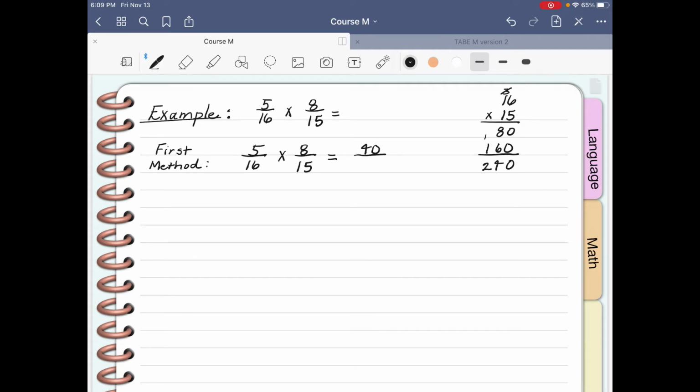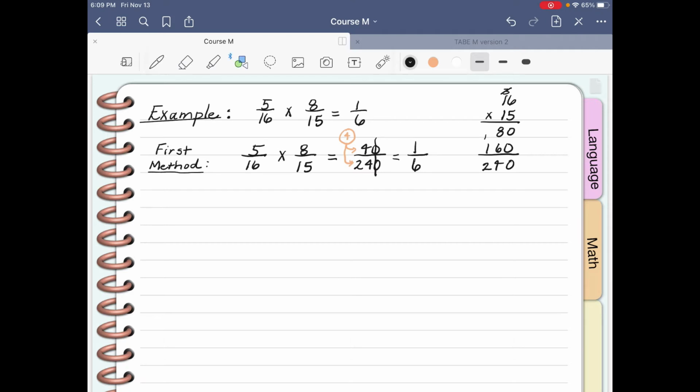And that's 240. So I can simplify by taking off a 0 and then dividing 4 into top and bottom. So 4 into 4 is 1, and 4 into 24 is 6. So there is my answer of 1/6. That is the first method.